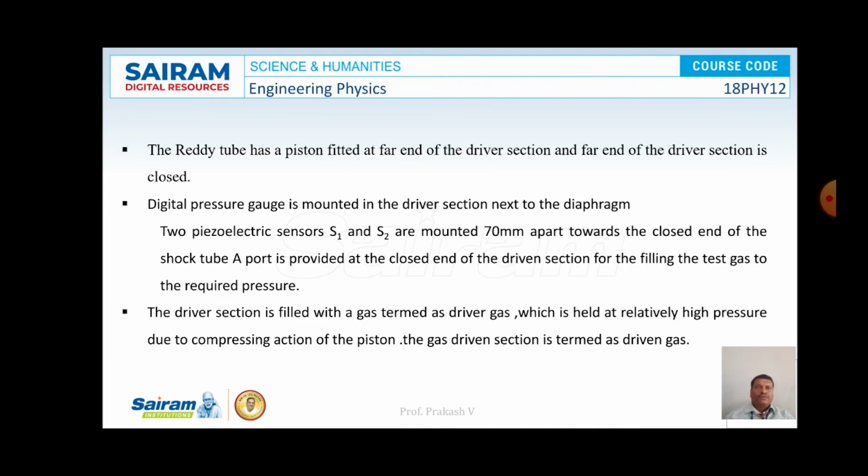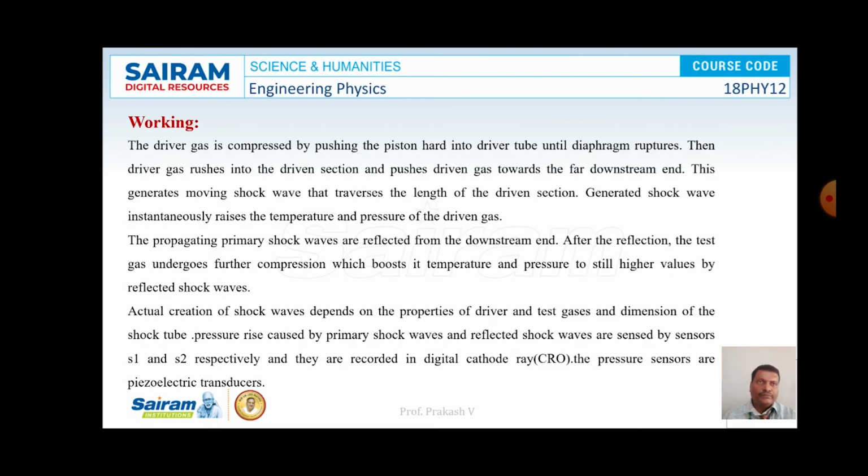So, in explanation, the Reddy tube is fitted with a piston at one end, a digital pressure gauge is mounted in the driver section next to the diaphragm, and two piezoelectric sensors S1 and S2 are mounted about 70 mm apart.